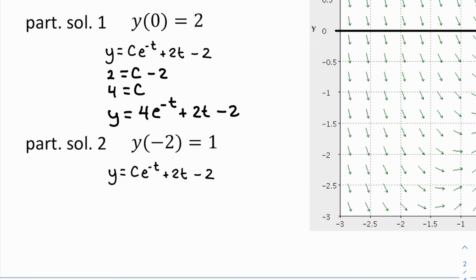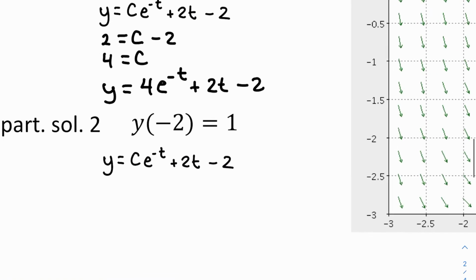This time we plug in -2 for t at the same time I plug in 1 for y. So we get C times e to the 2 plus 4 minus 2. And 4 minus 2 is 2, subtract it to the other side, and then divide by e squared. And I get 1 minus 2 is -1, divide by e squared, and this is my value of C.